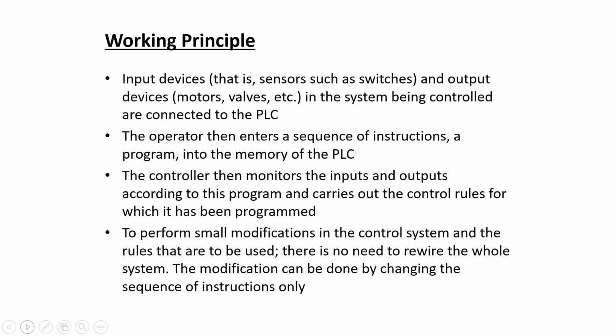Now the working principle. The input devices could be manual switches or sensors, and output devices can be motors, lamps, valves, solenoid valves, etc. These are connected to the PLC, and the operator enters the sequence of instructions in the form of a computer program, and the controller or microprocessor monitors the inputs and executes the program to give proper output instructions.